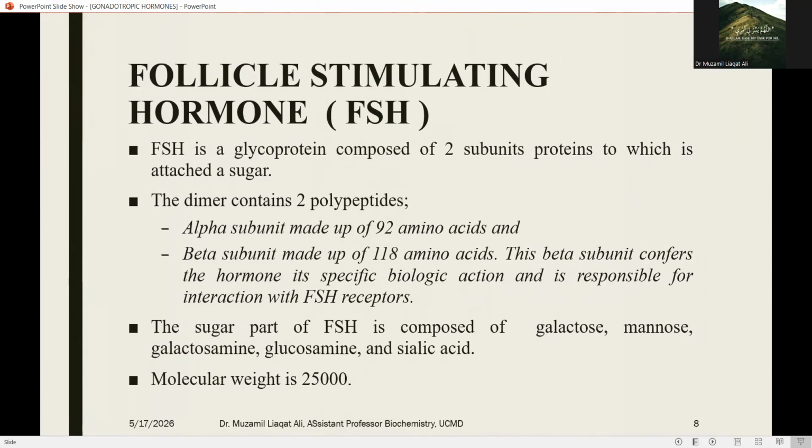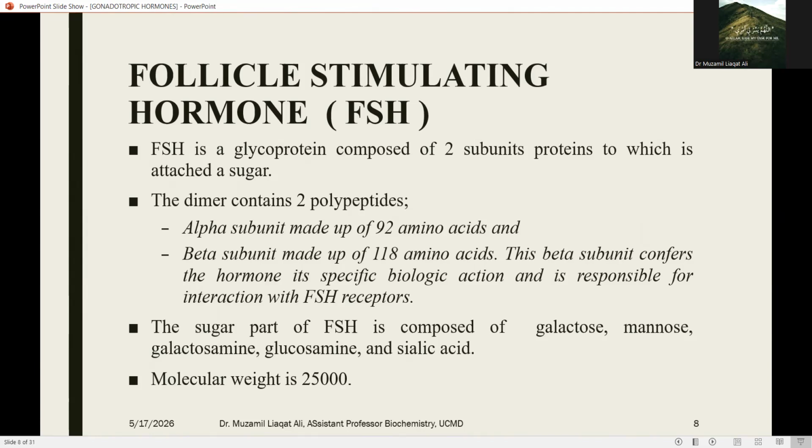So let's move on to the follicle stimulating hormone, FSH. FSH is a glycoprotein hormone composed of 2 subunits. The alpha subunit is of 92 amino acids and is common to all glycoprotein hormones, that is FSH, LH, TSH, and beta HCG. What about the beta subunit?